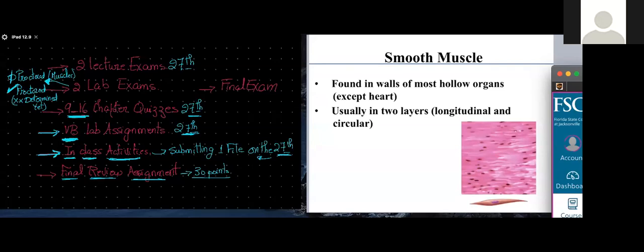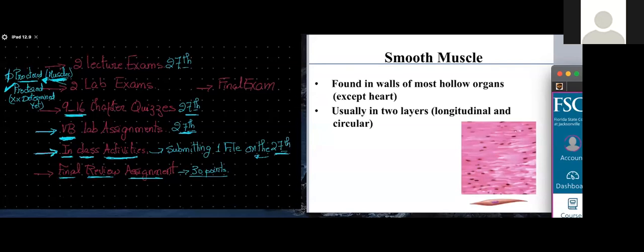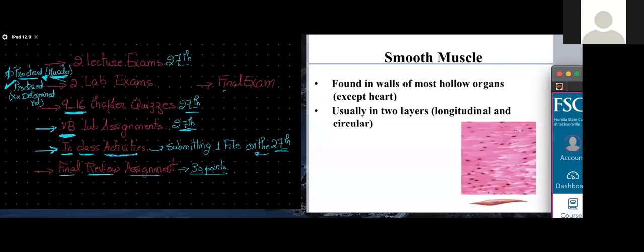I have no such information. And this is why we're going to be conducting the muscles lab exam without being proctored. The final exam is hopefully going to be proctored. And again, the time is not determined yet.